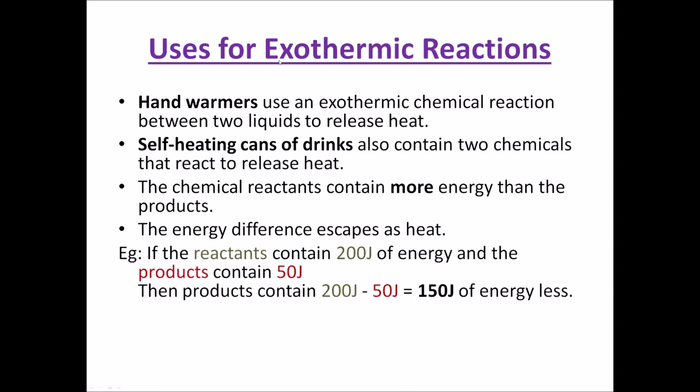If the reactants contain 200 joules of energy and the products contain 50 joules of energy, then the products contain 200 minus 50, so 150 joules less energy than the reactants did. So the energy difference is 150 joules, or minus 150 joules.